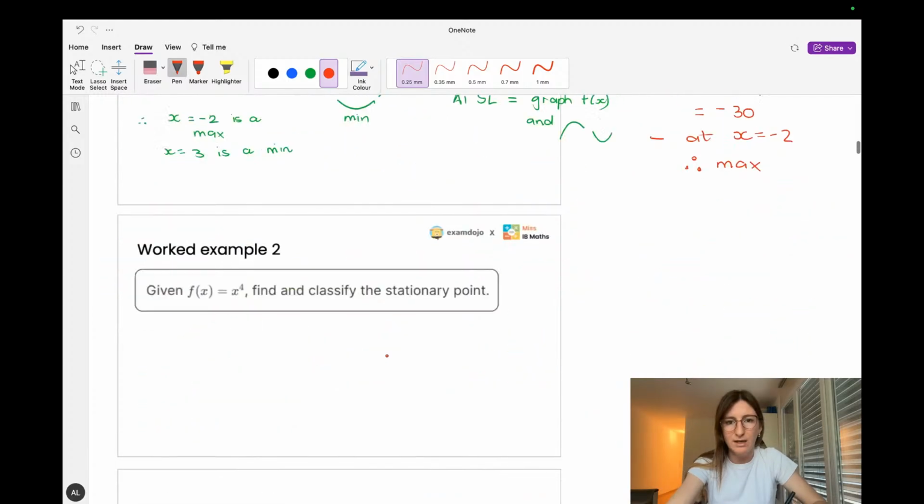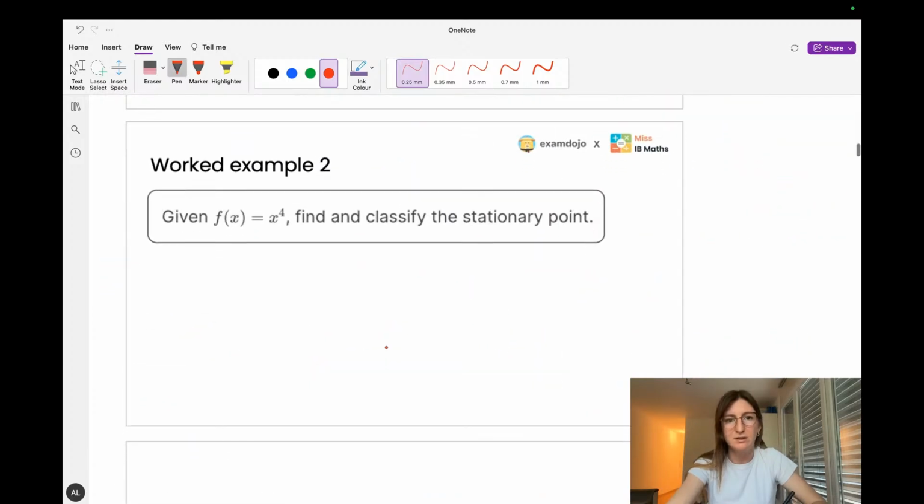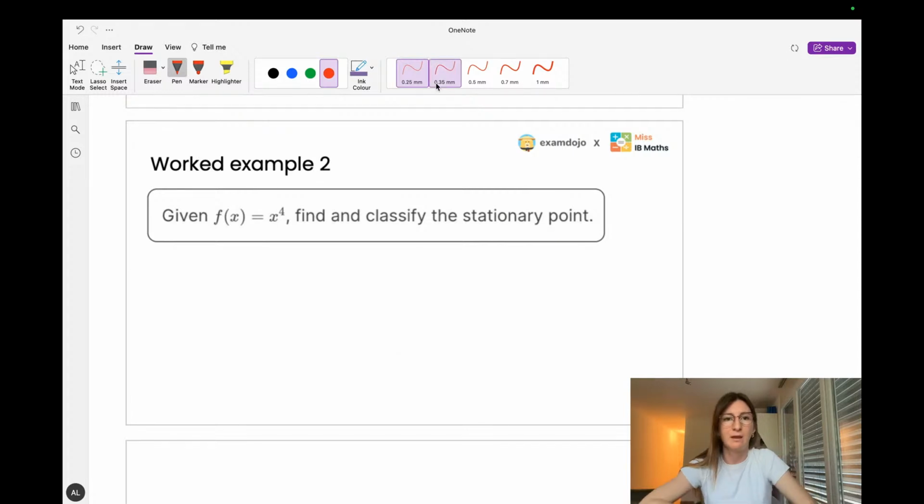So let's try it on this one when we have a little bit of a different situation happening. So let's see what happens. Okay, so I am going to find and classify the stationary point. So first I find my critical points. So I'm going to find the derivative. So that's 4x cubed. Then I need to set it equal to 0 to find my x value.